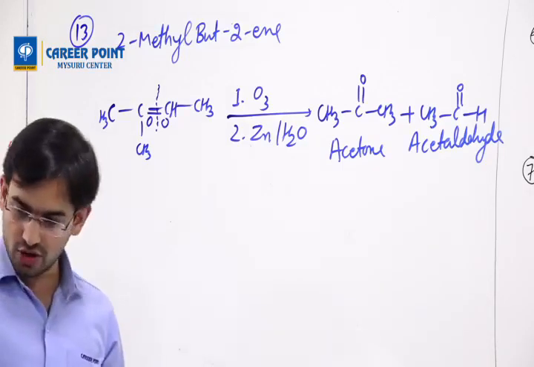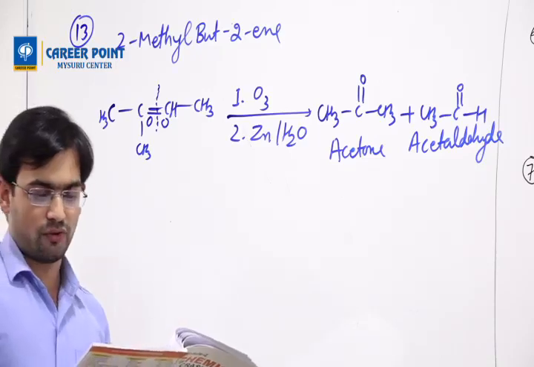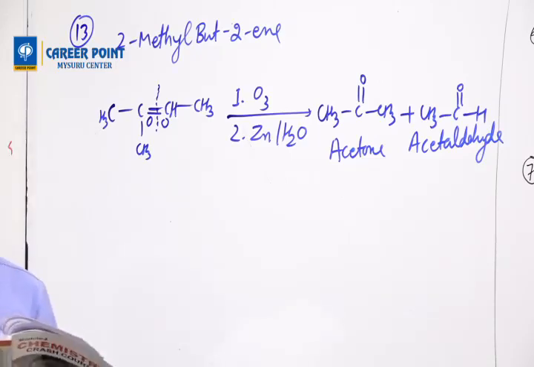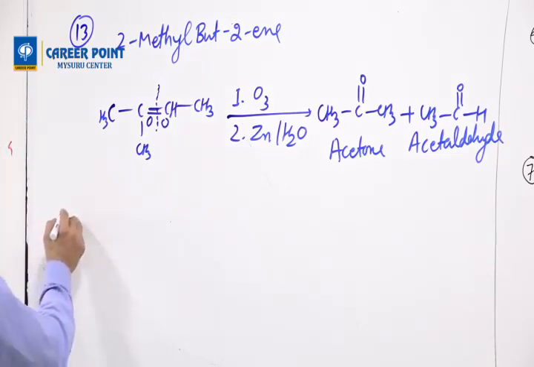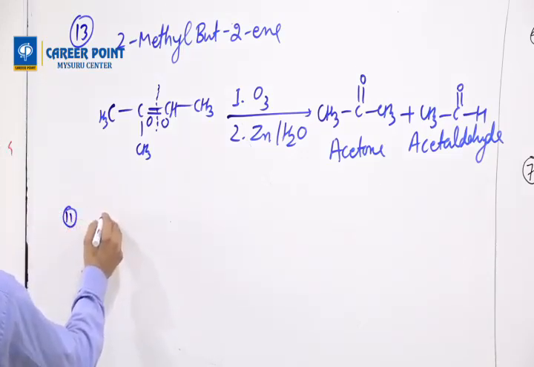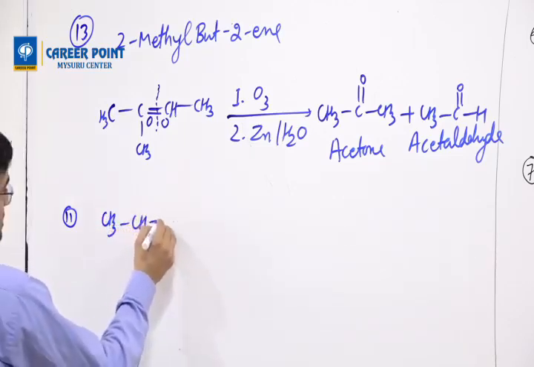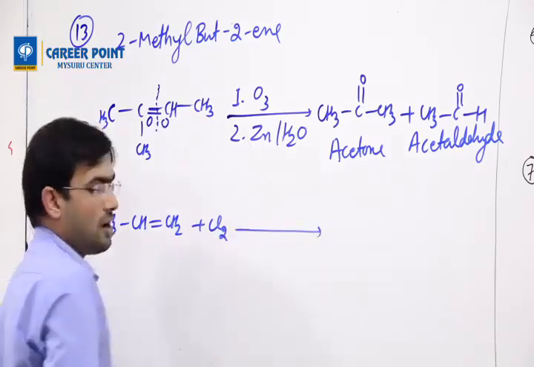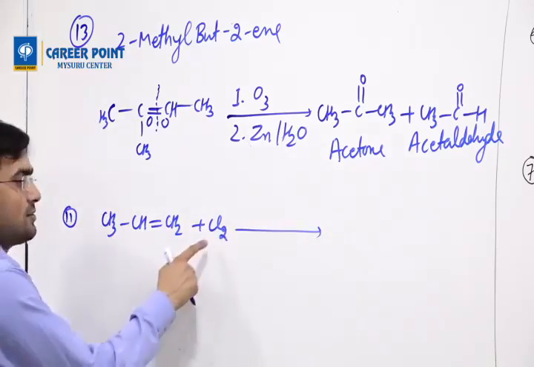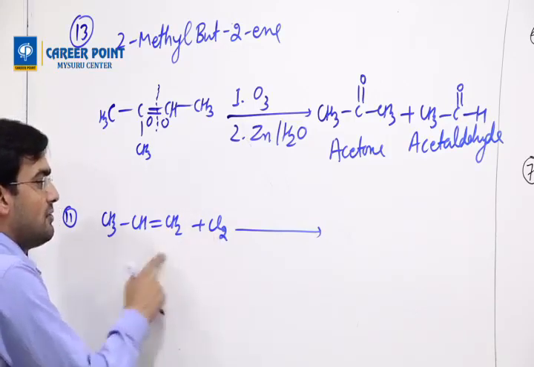Question number 11 also. Propene when heated with chlorine at about 500 degrees Celsius gives: propene, CH3, CH double bond CH2 plus Cl2. If you remember, I have taught you that Cl2 will do anti-addition, one carbon here, one carbon there.